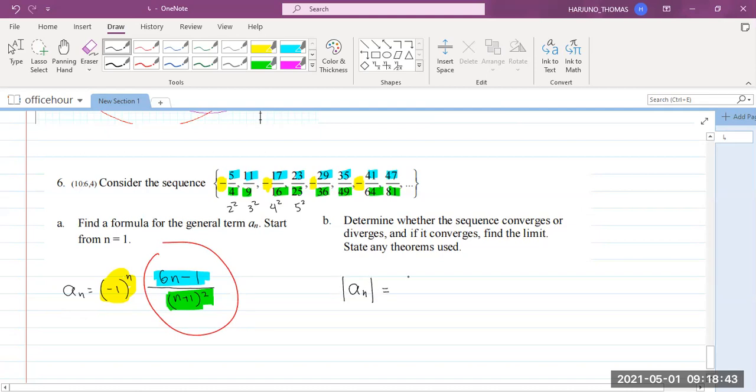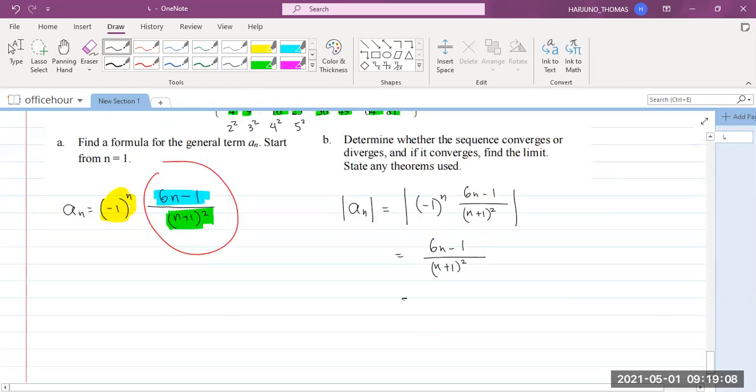That's how I get rid of the plus minus, dealing with only the positive terms. That equals (6n minus 1) over (n plus 1) squared. Now I divide by n squared.